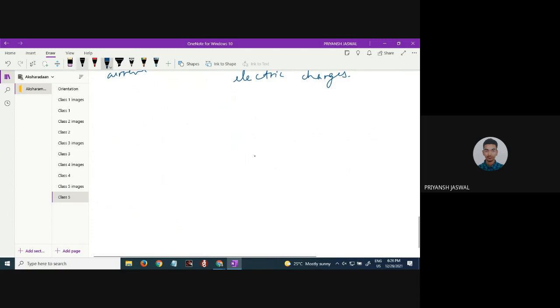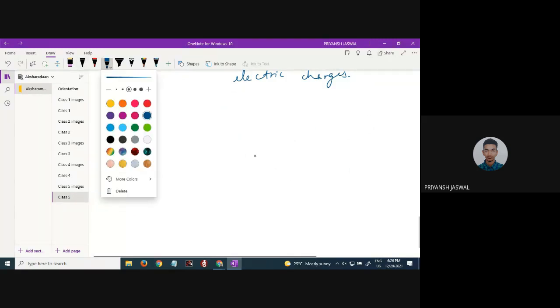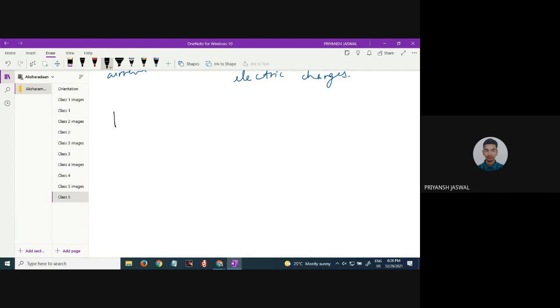So there is some history to the conventions used for the electric current. The electrons, that is the negatively charged particles, were not discovered before the discovery of electricity itself.